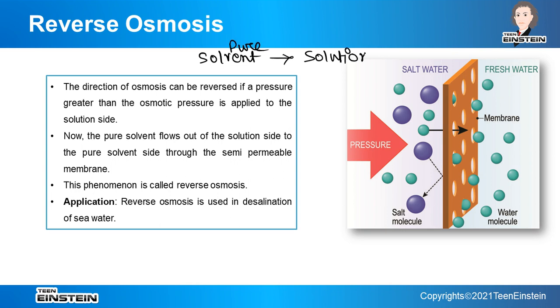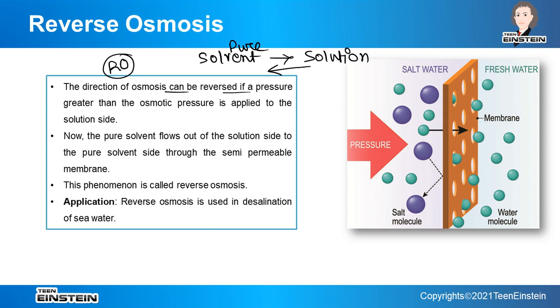But in reverse osmosis, in short RO, the direction will be opposite. The direction of osmosis can be reversed if a pressure greater than the osmotic pressure is applied to the solution. In the definition of osmotic pressure, we have seen that it is the excess pressure we have to apply to just stop the process.